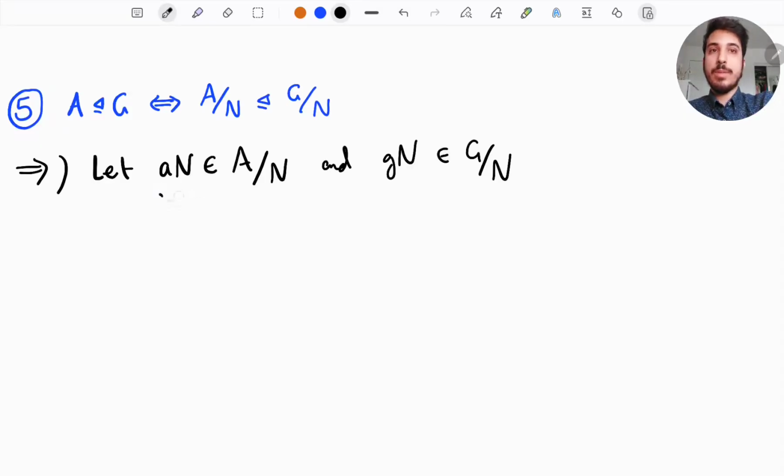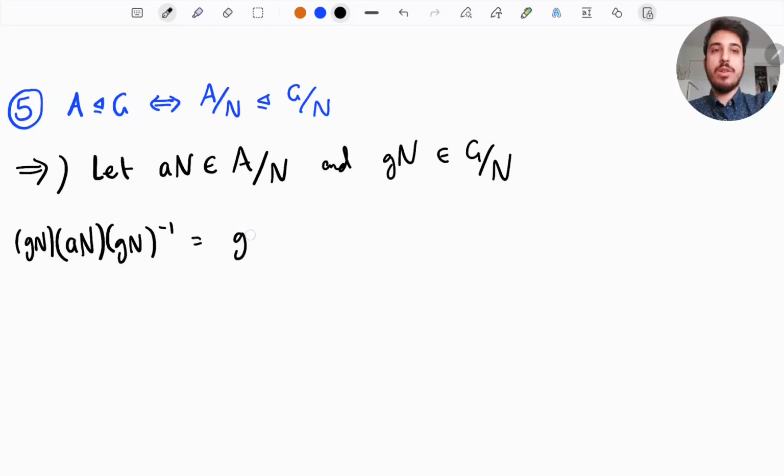So if I take an element in my subgroup and I take an element in my group, I would like to see that the conjugate is still in my subgroup. So we have our element aN multiplied by gN on the left and by gN inverse on the right.